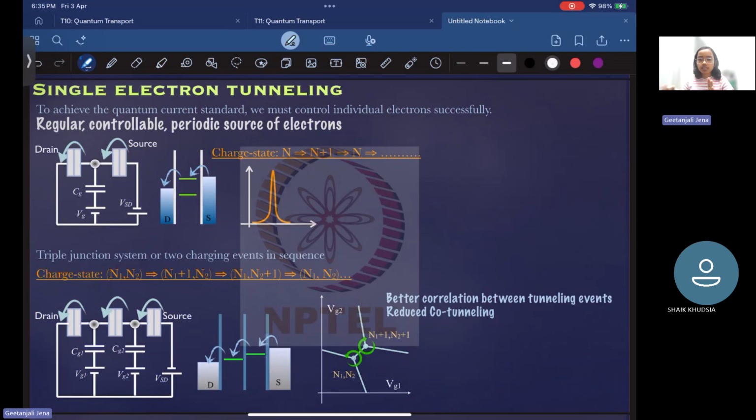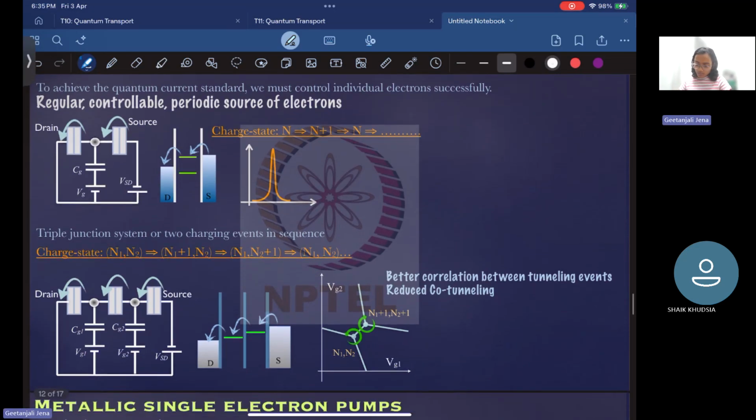So if you recall, in a single electron transistor or single electron island, the tunneling happens one by one. So there is no continuous flow of electrons. So that means if you use that, you can count individual electrons and you can measure the current through the device. Okay. So this is what we have discussed before also.